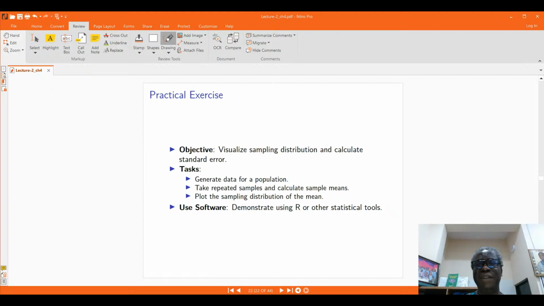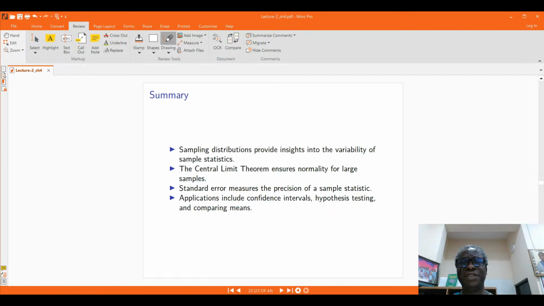So you can visualize that, and you can also repeat the experiment over and over again. You can increase the sample size and see how the shape behaves.